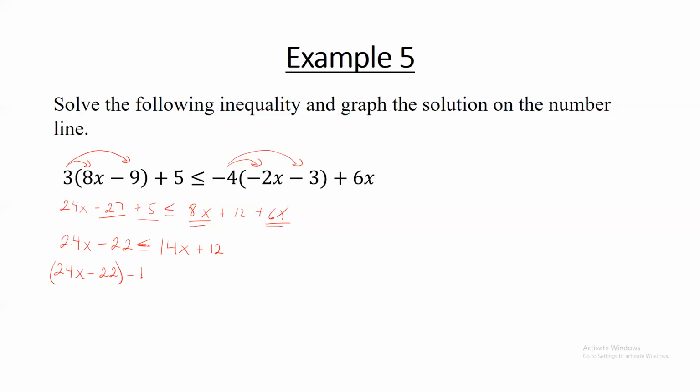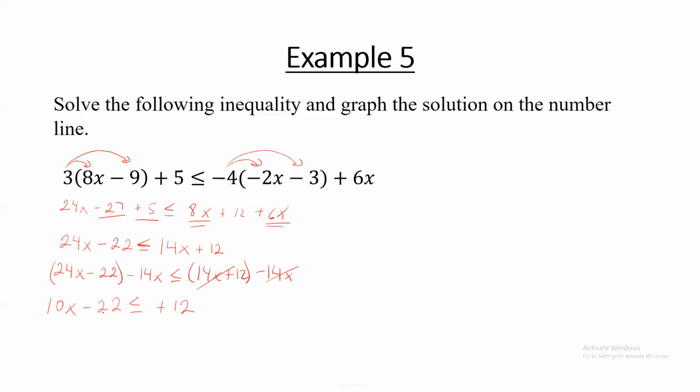So subtract 14x from the left side and subtract 14x from the right side. 24x minus 14x is 10x minus 22, this is less than or equal to. The 14x's cancel, we have plus 12.